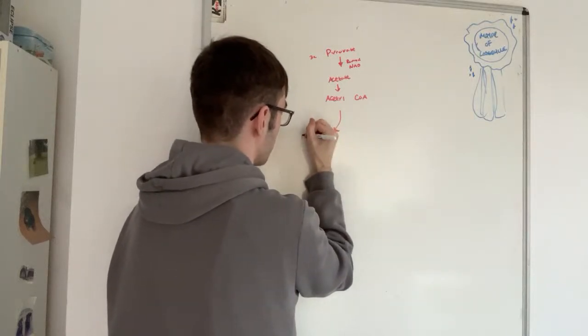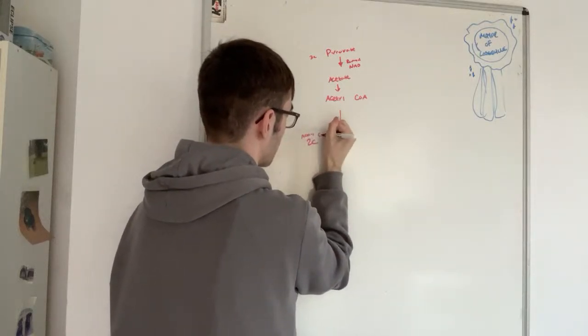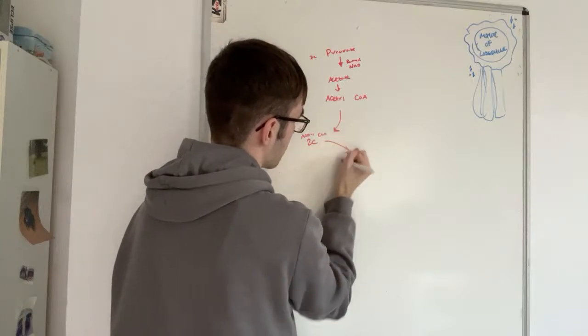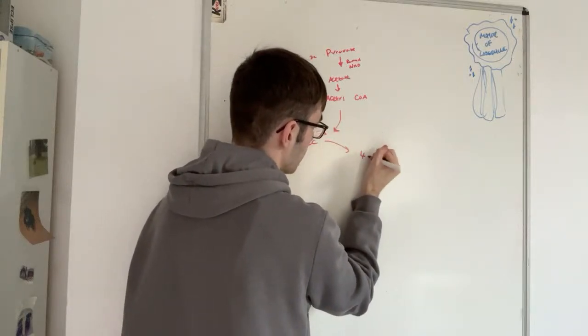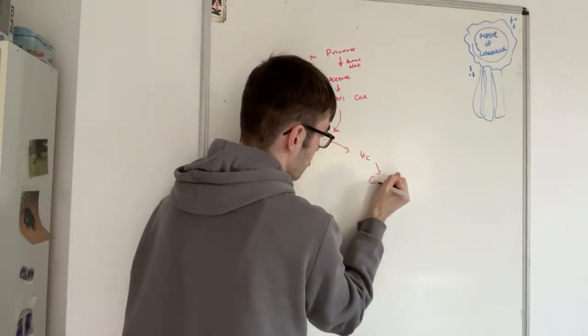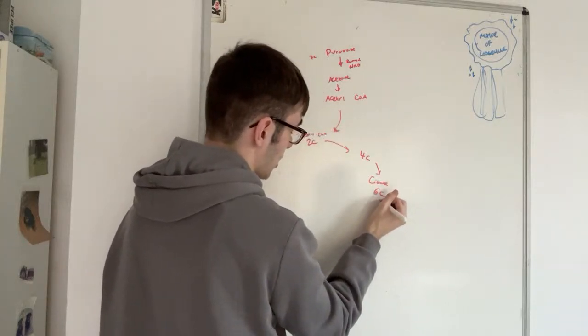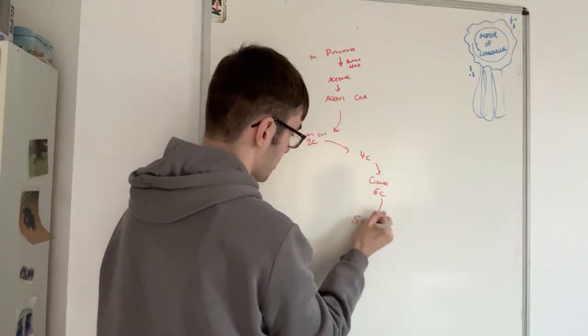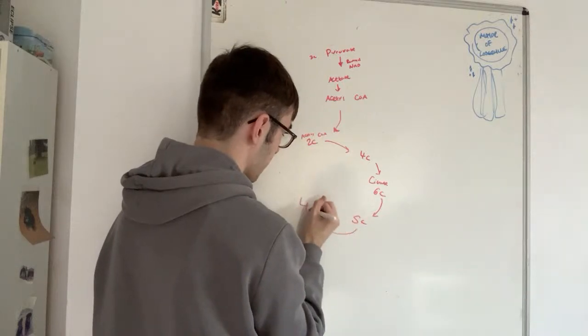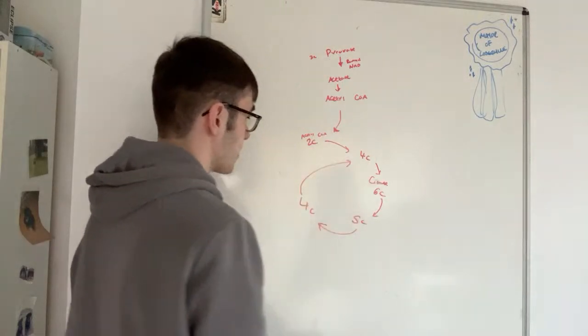It's a 2-carbon compound. It then combines with a 4-carbon compound to become citrate, which is a 6-carbon compound. It becomes a 5-carbon, then a 4-carbon, and then it goes back.